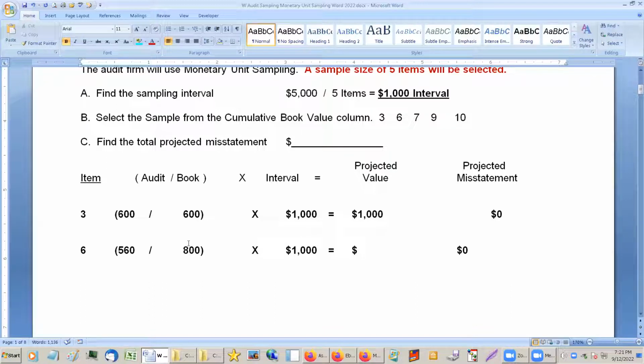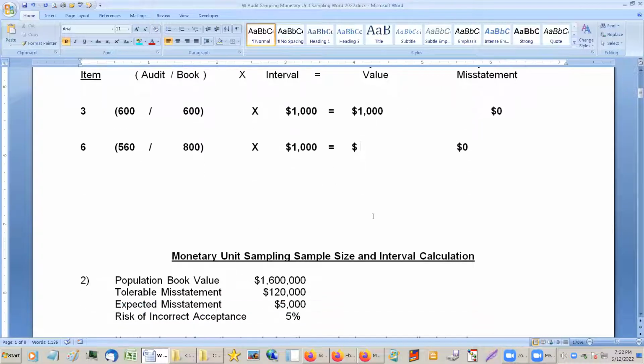Calculator out. All right, so this is gonna have a projected value of 700.